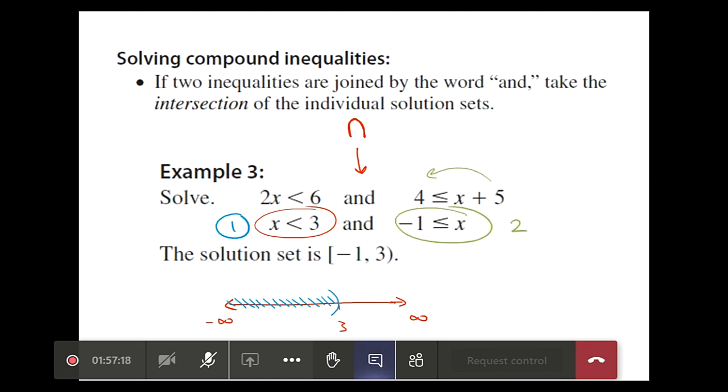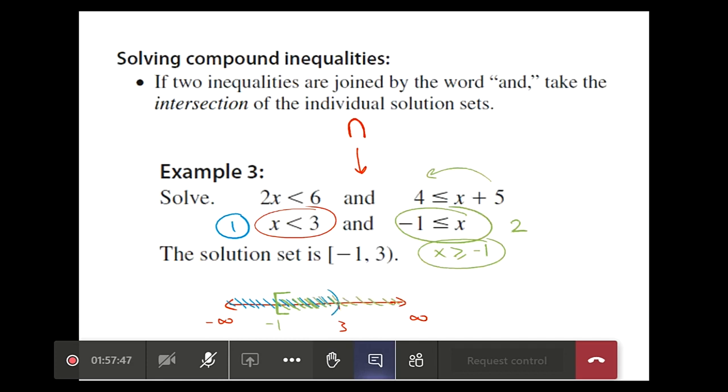Move the 4, so we have 5 to the other side, we have negative 5, so x greater than negative 5. x greater than or equal to negative 1. Where is negative 1? For example, here, negative 1, we have a closed bracket and greater than, x greater than, so we need this one.